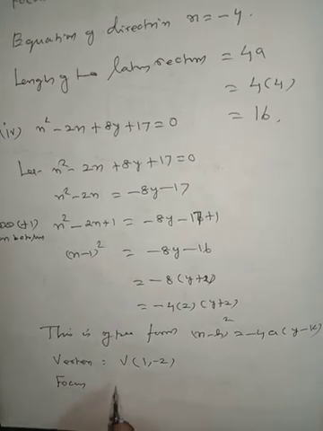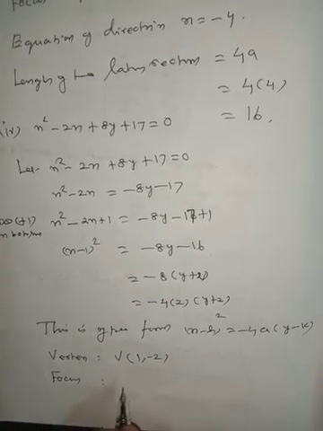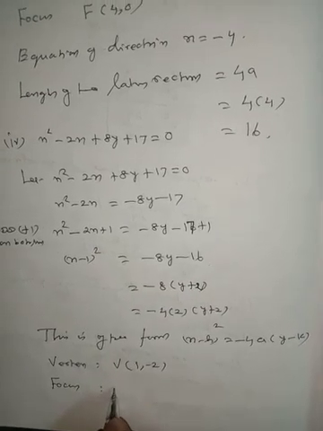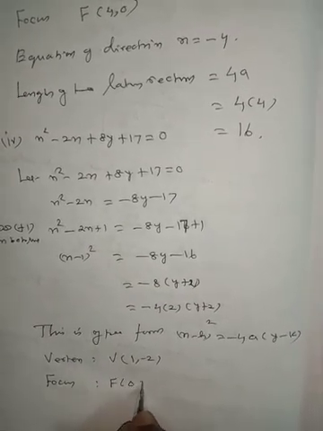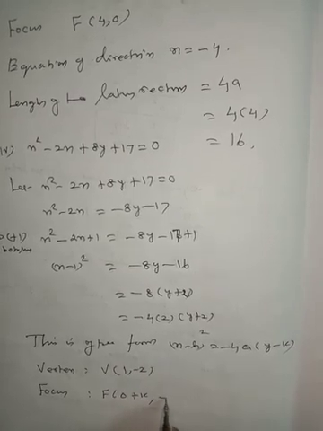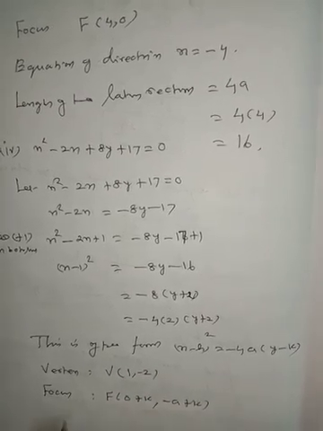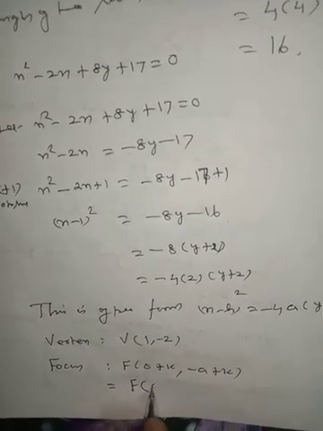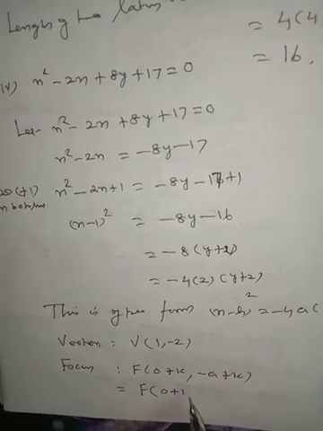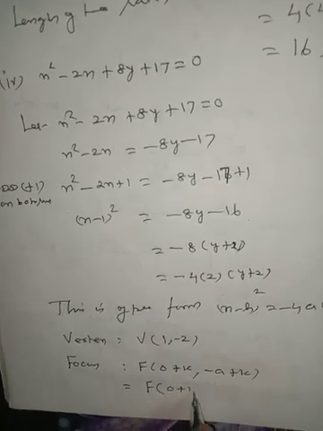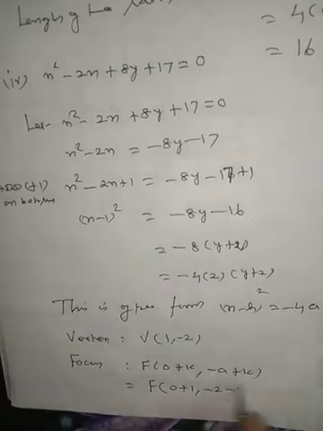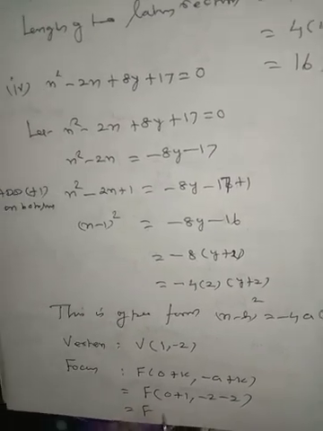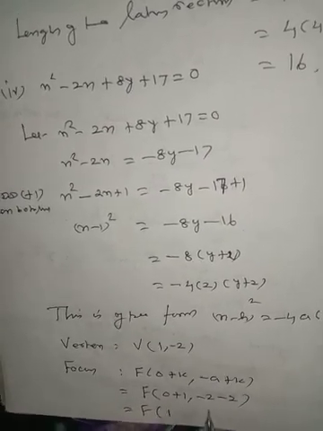Focus formula: F of h comma k minus a, is equal to F of 1 comma minus 2 minus 2, k is minus 2. So focus is 1 comma minus 4.